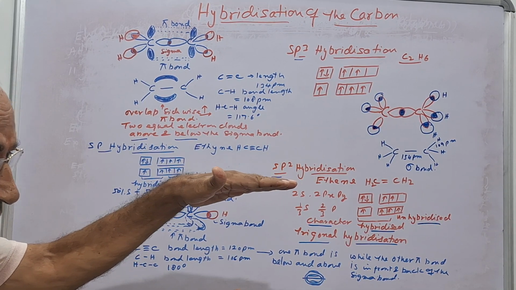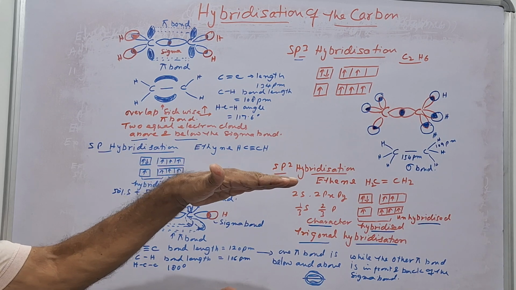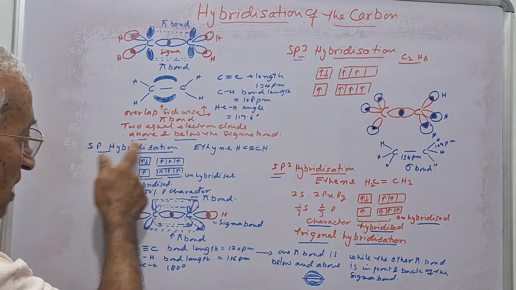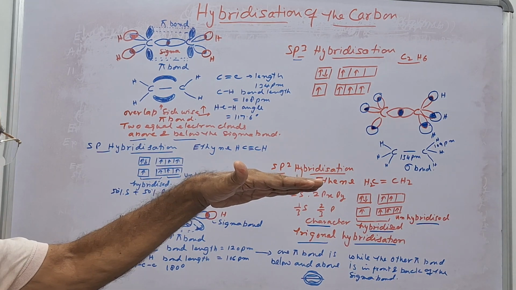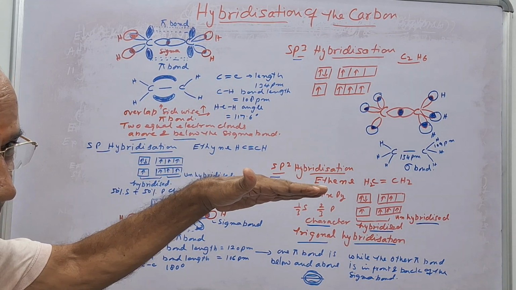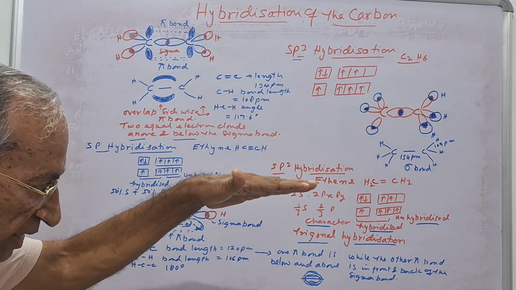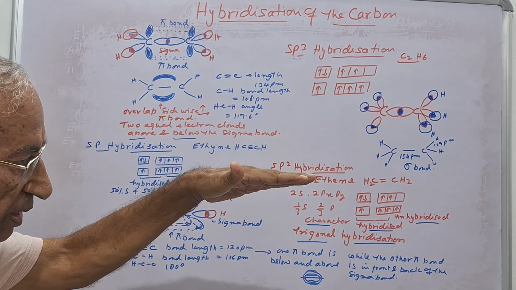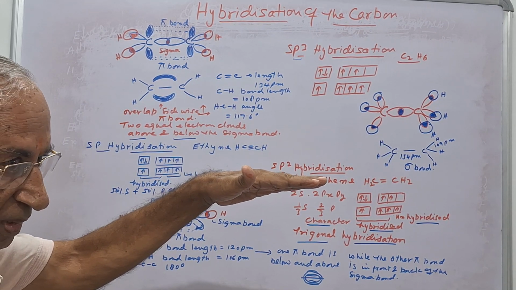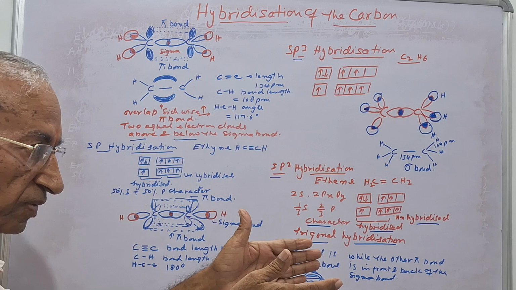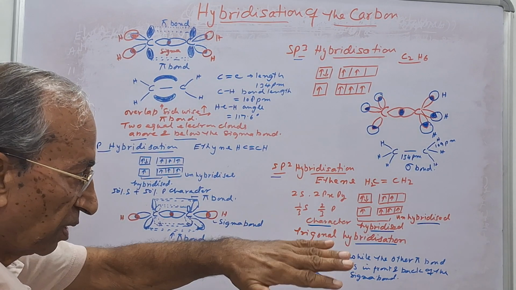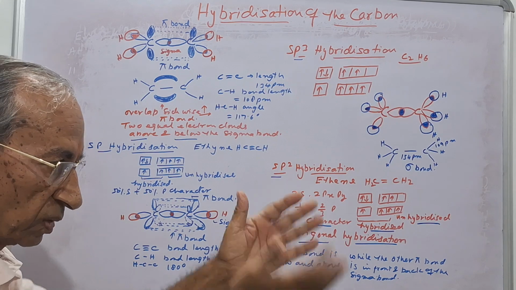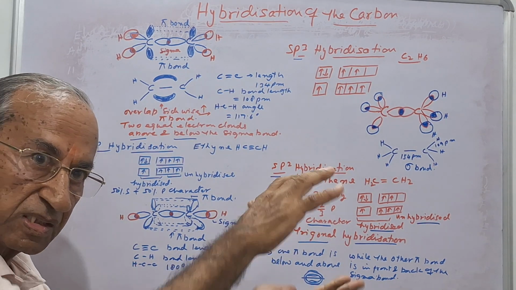Now in the case of sp hybridization, if one cloud of the unhybridized orbital is above and below, then the second lobe will be in front and at the back, that is a form of a ring around the sigma bond.